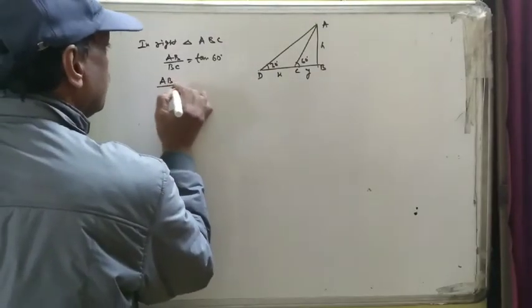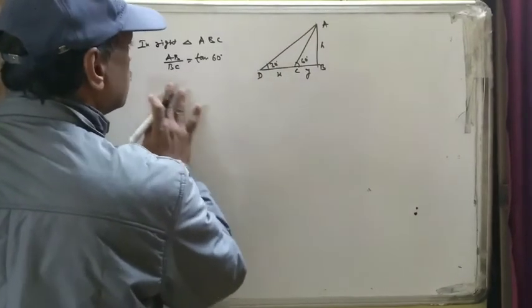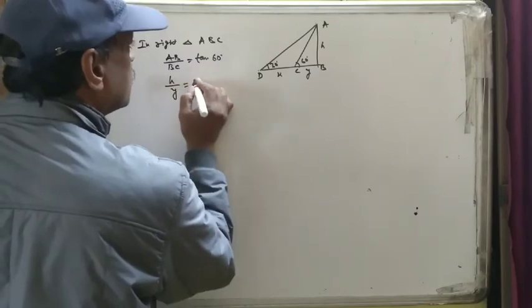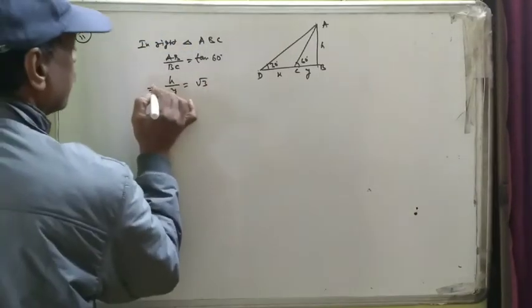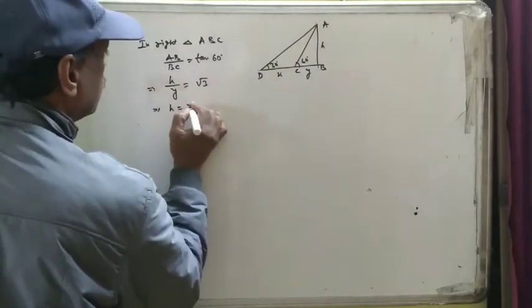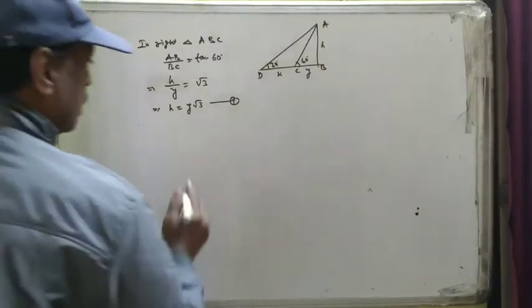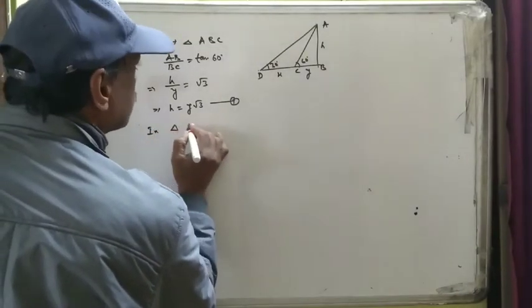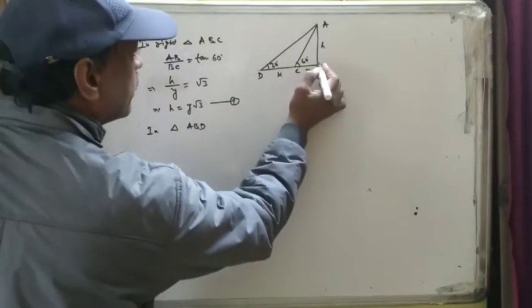So this will be AB upon BC, already written. AB is H, BC is Y, and this one is tan 60. The value of tan 60 is √3. Now look, H equals Y√3. This is equation number 1. And in the next triangle, in triangle ABD, obviously it is also a right triangle.